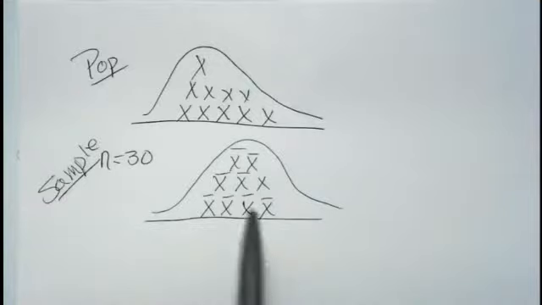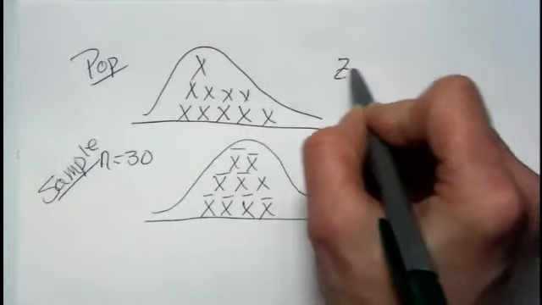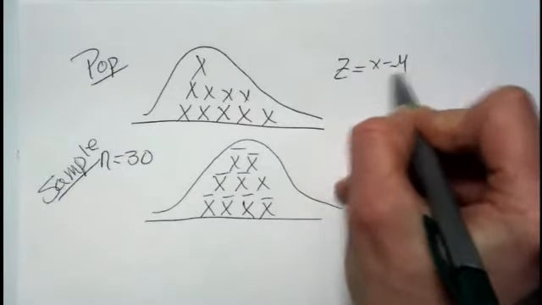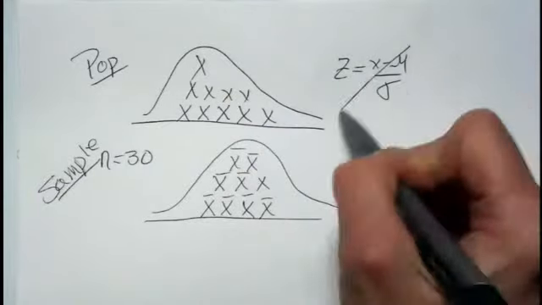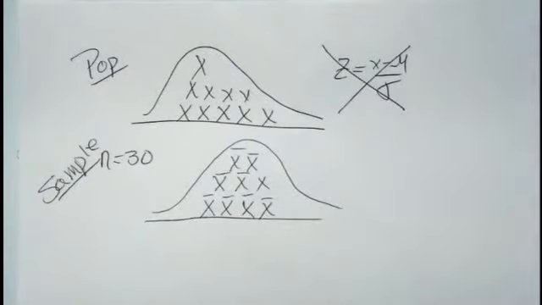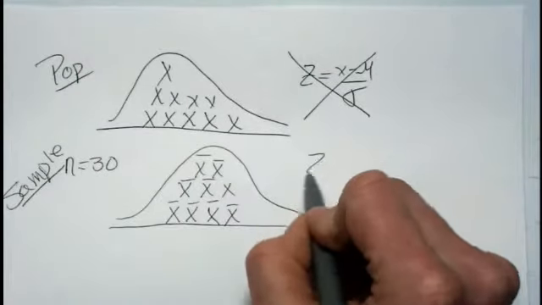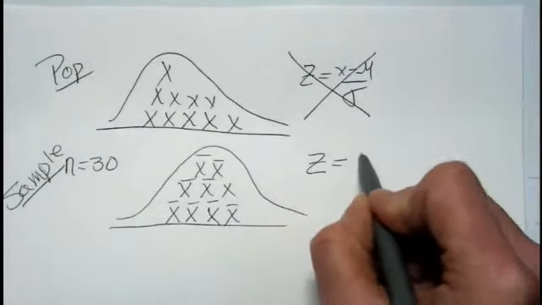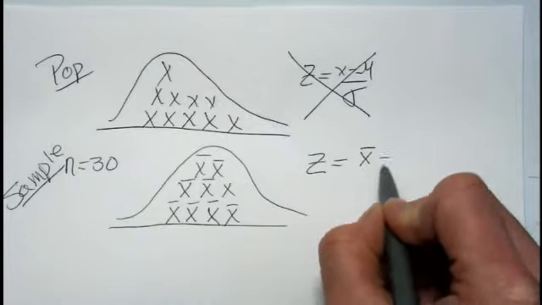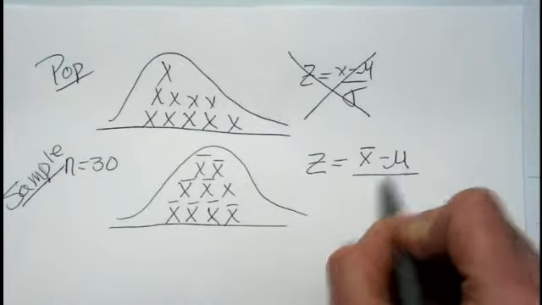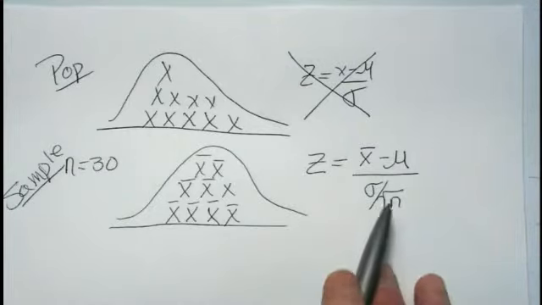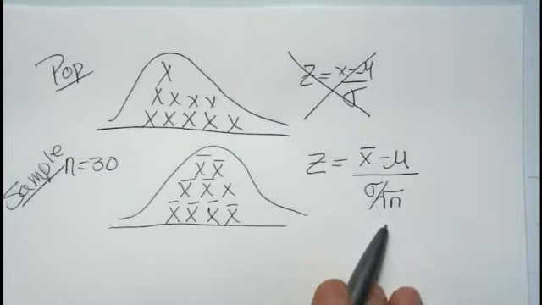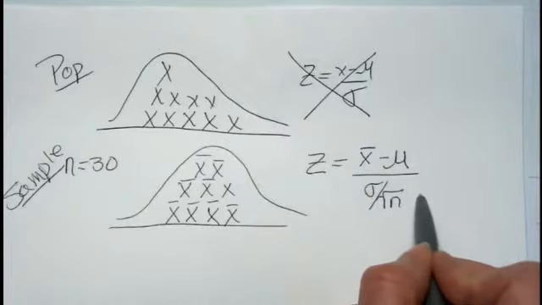Because we are using the sample, we no longer will use this formula. In fact, on your chart, just put an X through it because students get confused. Now we are going to calculate Z based on an average, population mean, and there's our denominator, standard deviation divided by the square root of n.